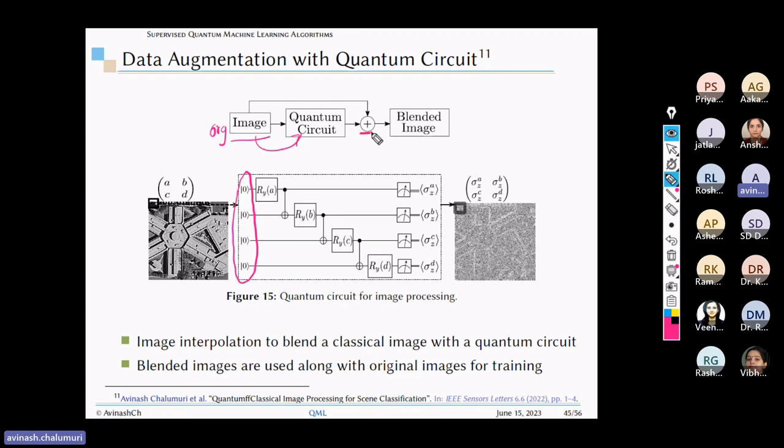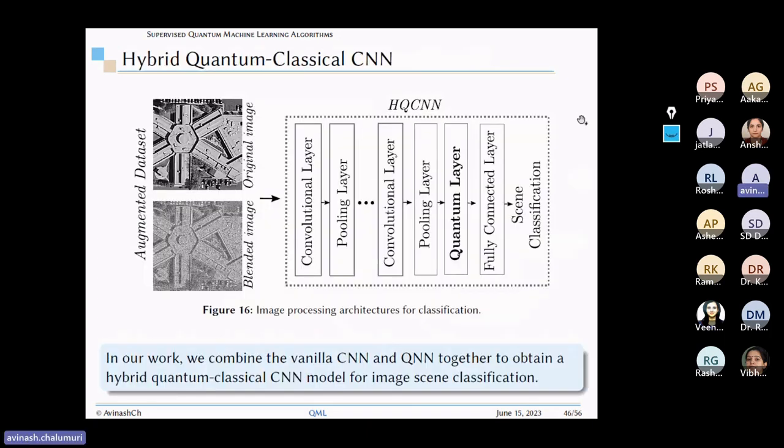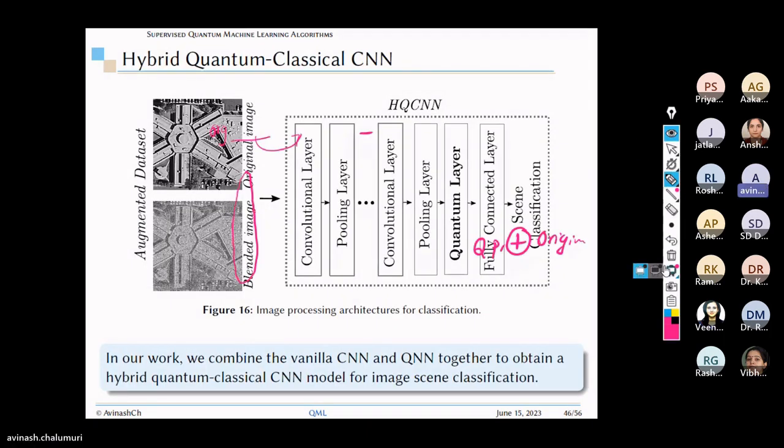So this is the image obtained after quantum processing, and this image is added to the original image. In the next slide, you will see that particular image, which is a combination of both the original image as well as the quantum processed image. This is kind of noisy, but still the results are amazing.